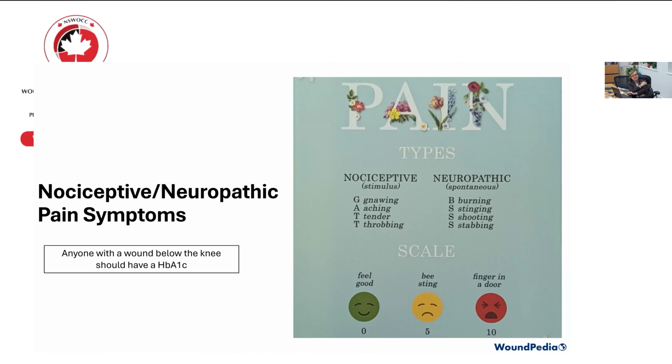It might even be cannabis, either topical or oral. For nociceptive pain that fails acetaminophen and non-steroidal anti-inflammatories, then you may go to narcotic agents, and we are getting away from using those. Next slide.